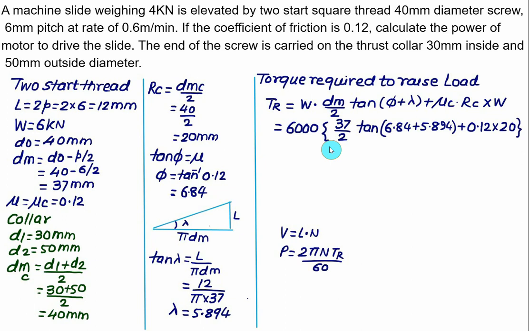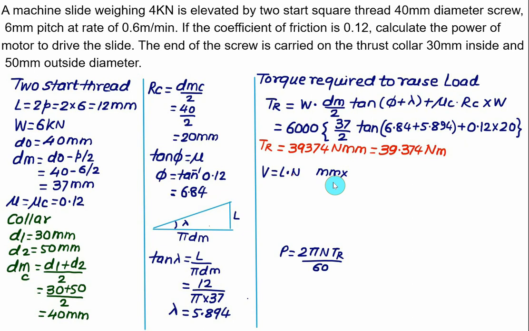From this you will get the torque, which is 39374 Newton mm, is same as equal to 39.374 Newton meter.